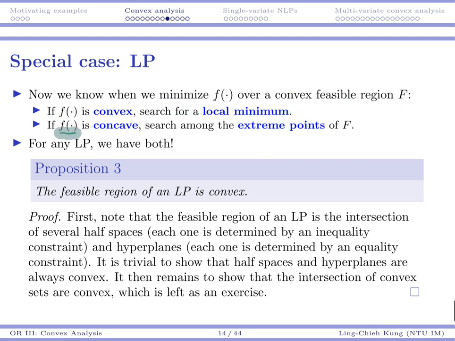If we are talking about a linear program, where our f is either convex or concave, then we have both. So first, maybe I need to remind you how a linear function is both convex and concave. When you are talking about a convex function, we need the line segment to lie above the function values.